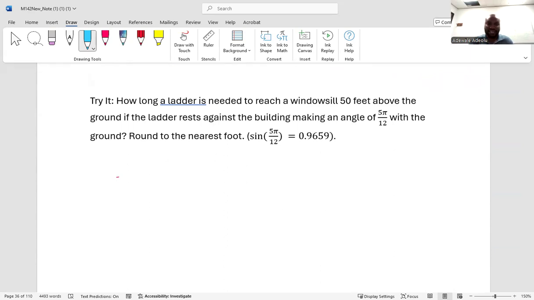If the ladder rests against the building, making an angle of 5 pi over 12 with the ground, round to the nearest foot. So again, draw the triangle or the diagram that represents the situation and find the length of the ladder.